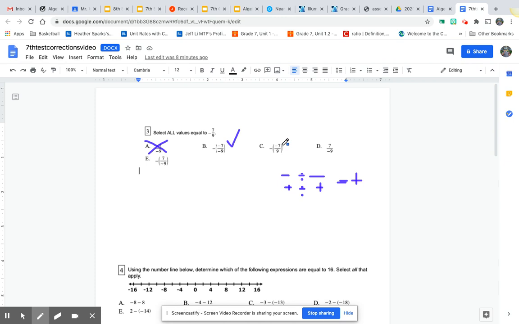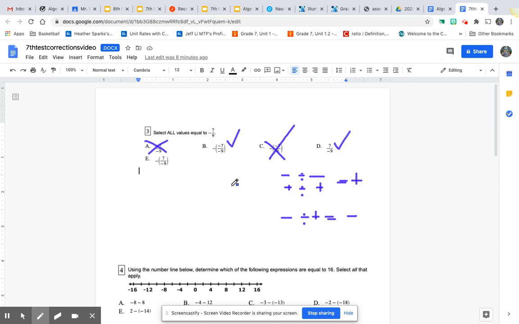Let's look at our next one. We have a negative divided by a positive. Now I know that a negative divided by a positive is going to give me a negative answer, but we have that negative sign outside. So the opposite of a negative is positive, so we don't want that one. On the next one, we have a positive divided by a negative. We talked about that earlier.